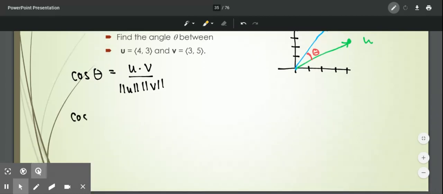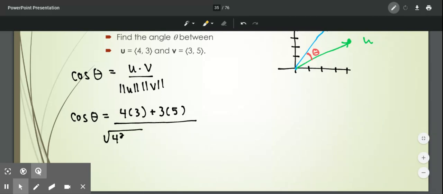So we'll get the cosine of theta. U dot v will have 4 times 3 plus 3 times 5. The magnitude of u is the square root of 4 squared plus 3 squared. And the magnitude of v is the square root of 3 squared plus 5 squared.